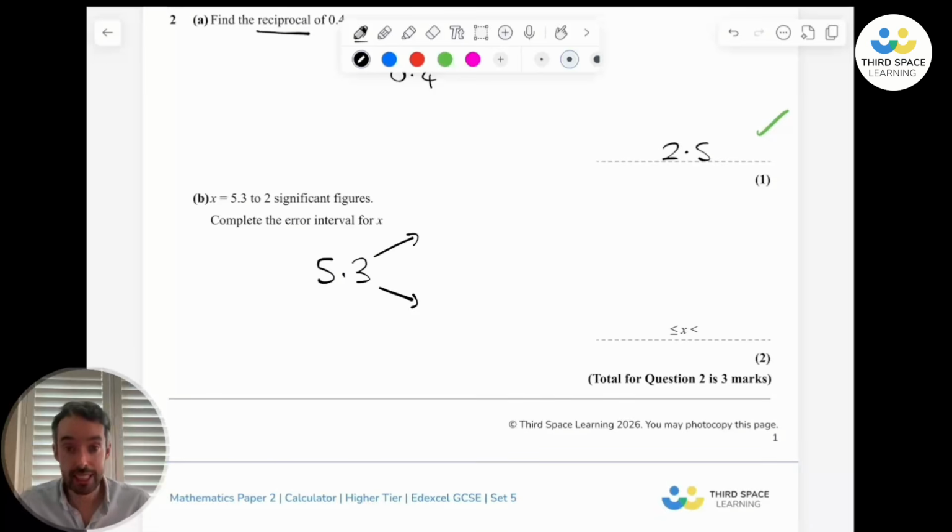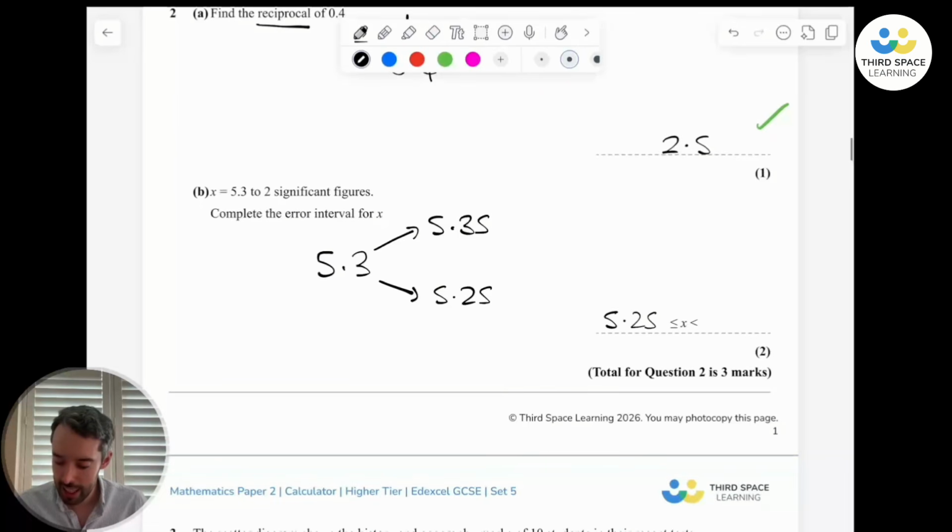Add it on and take it away. So we're going to get 5.35 and 5.25. So those two are the upper and lower bounds of 5.3. So let's pop it on the answer line. 5.25 less than or equal to x is less than 5.35.